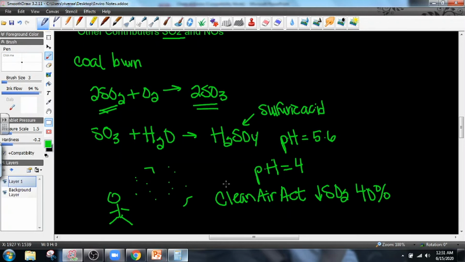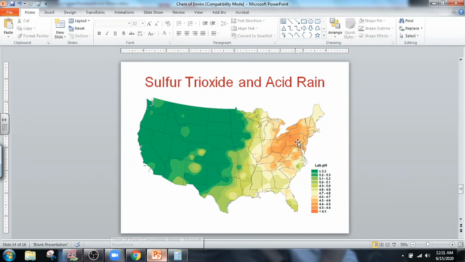Okay. Lastly, besides what's going on with coal, back to my graph here. You can see where the acid rain is the most significant. Okay, so here with these low pH values, these are the areas in the country where we do what? Pennsylvania, Ohio, West Virginia.